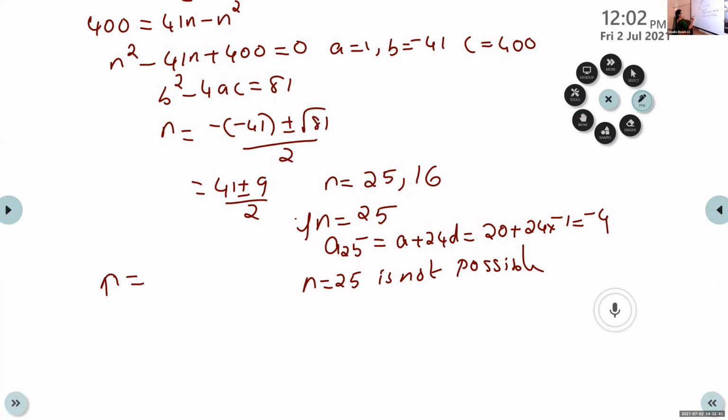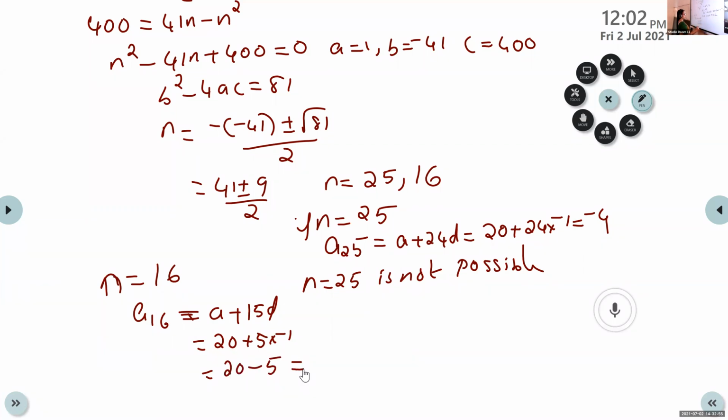So n equal to 16. So a16 equal to a plus 15d. 5 into negative 1, 20 minus 5, 20 minus 15, 5.